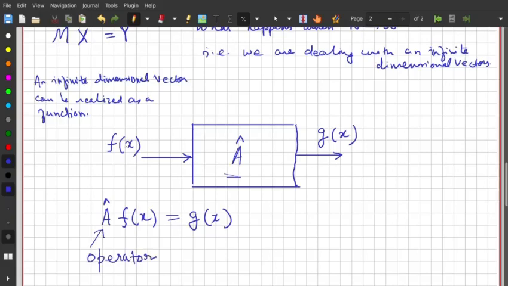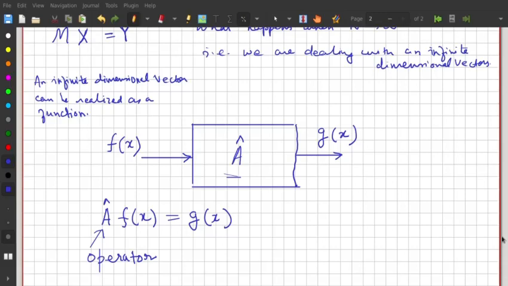That is the generic idea of what we mean by operators in general. So an operator is an object A hat, and it acts on a function f of x to provide us another function g of x.